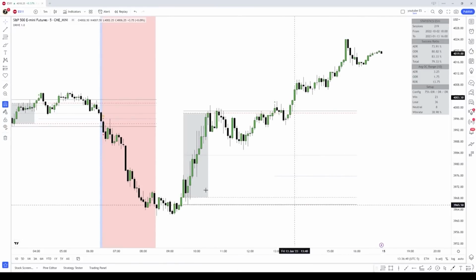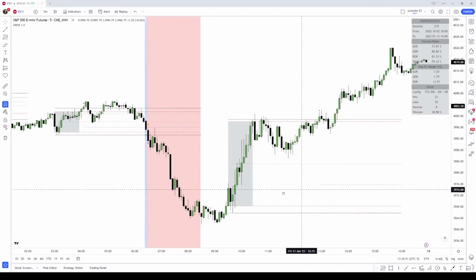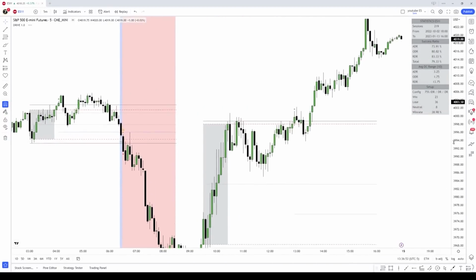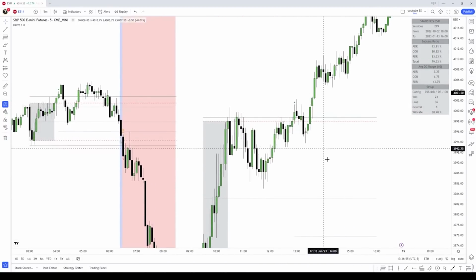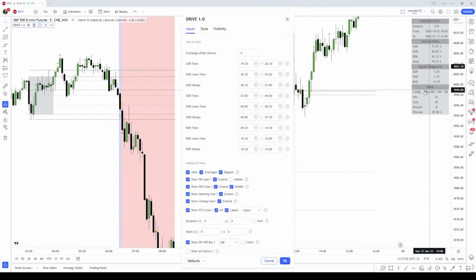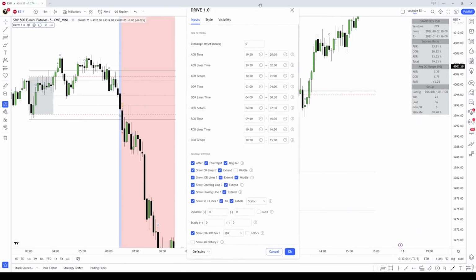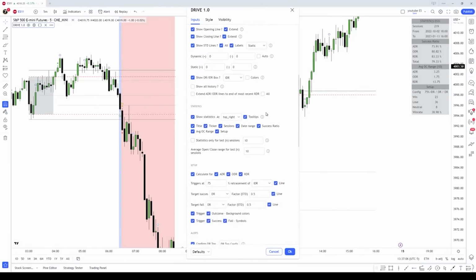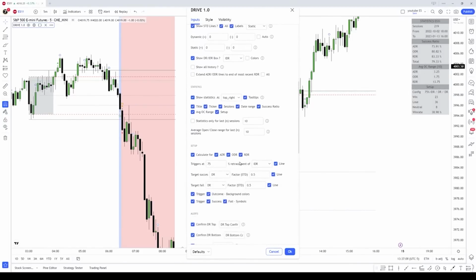So if we talk about the example that Mage was showing, with the Drive script you are able to set up what you want to see in your charts. In this example, we are looking at setups for every session, triggers at 75% retracement of the IDR.